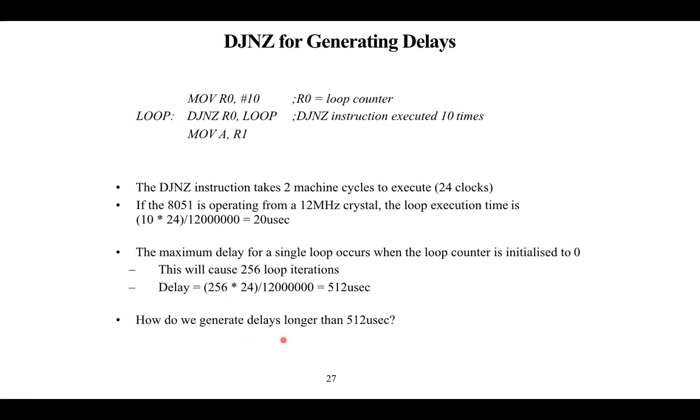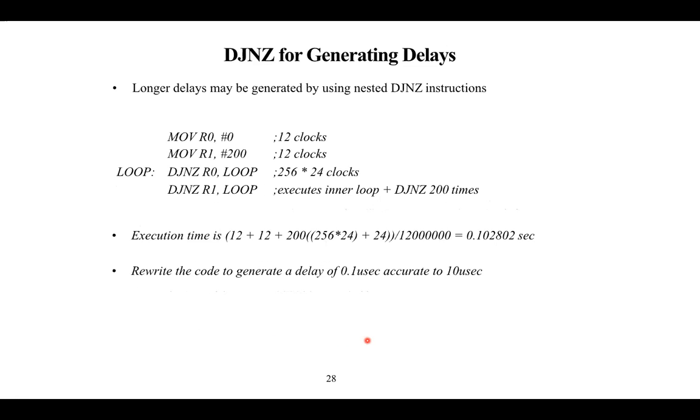How do we generate delays longer than 512 microseconds? Here is how the delay is created. MOV R0, #0: 12 clock cycles. MOV R1, #200: 12 clock cycles. DJNZ R0, loop: 256 times 24 clocks.